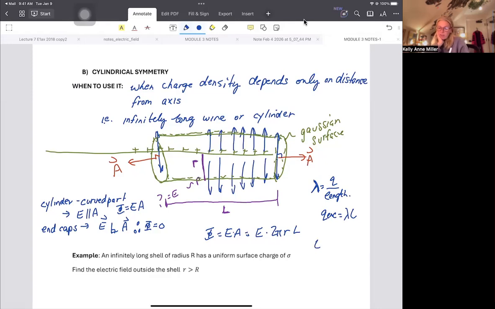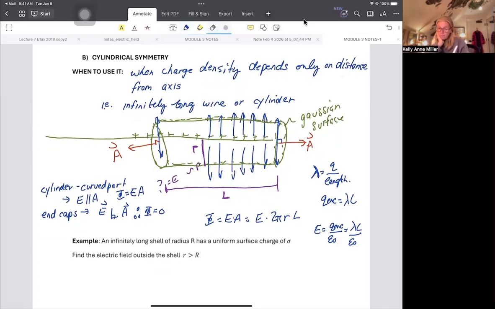The flux would be Q enclosed divided by epsilon naught, which is lambda L divided by epsilon naught.